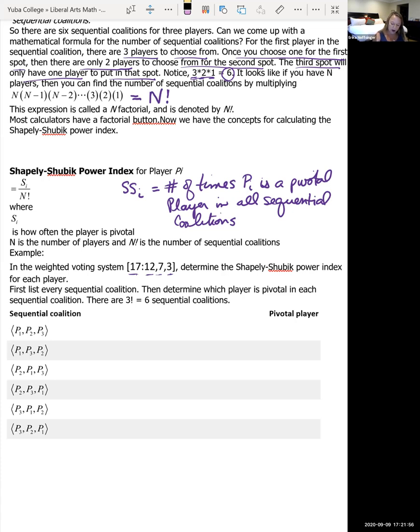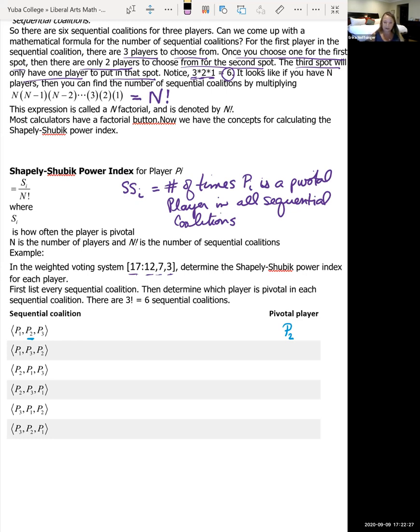In the first sequential coalition, player 1 comes in. They only have 12 votes, so they do not make this a winning coalition. Player 2 adds their 7 votes, and 12 plus 7 gives us 19. So they are a pivotal player because they just made it a winning coalition. P3 comes in, it's already winning, so they don't have any effect.